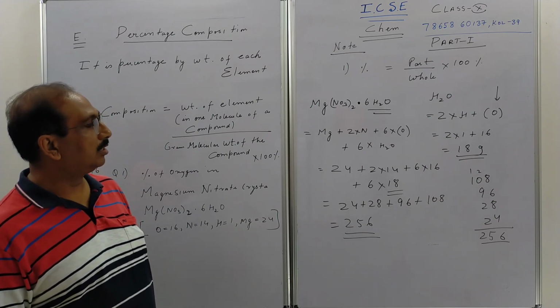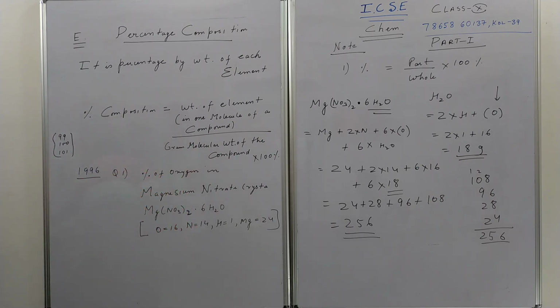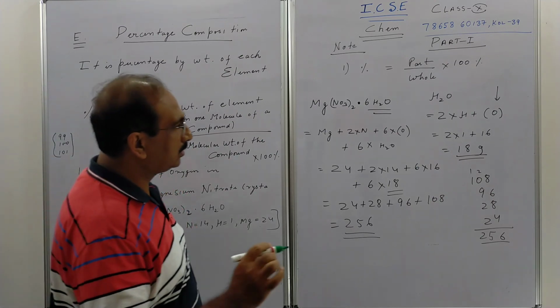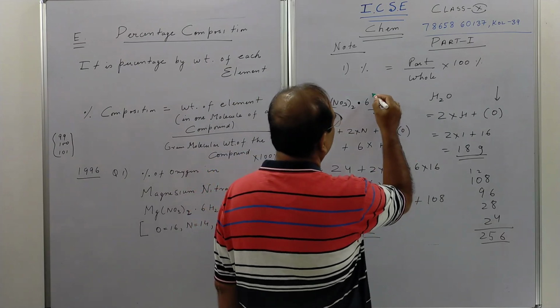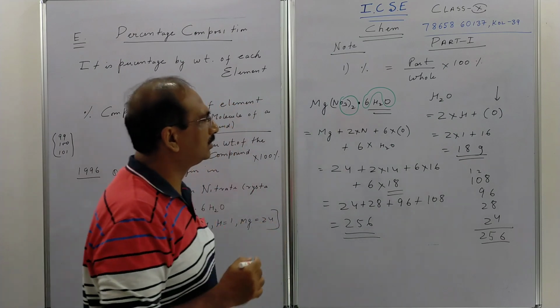Now we have to see how much oxygen there is over here. See, very nicely I used a green pen. If you see over here, children, there are 6 oxygen here and 6 oxygen there.